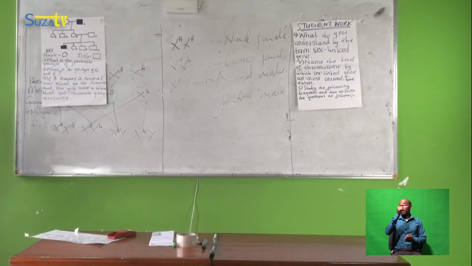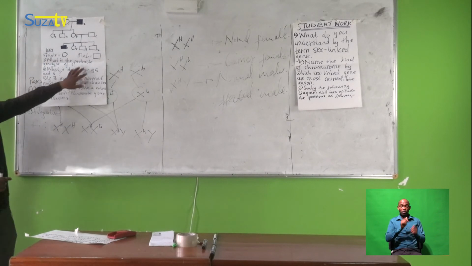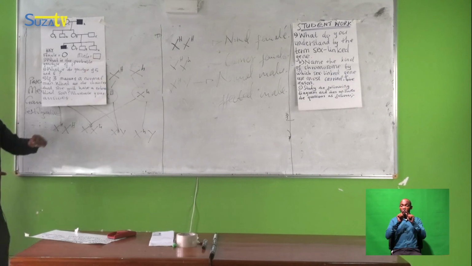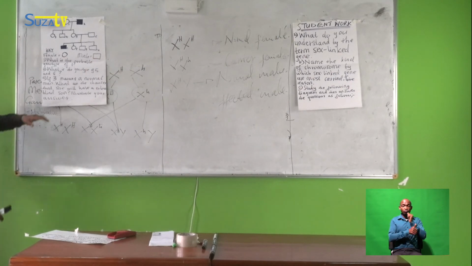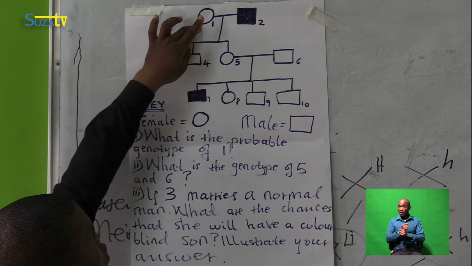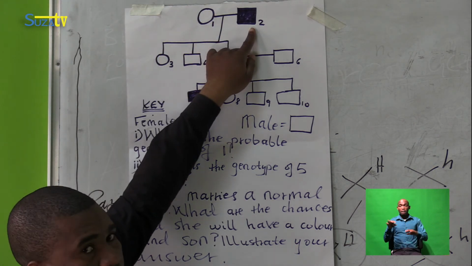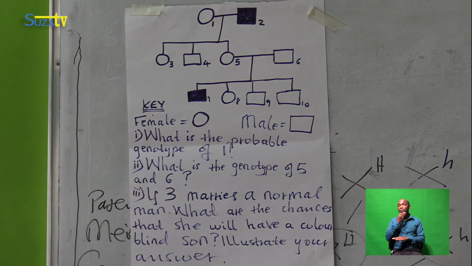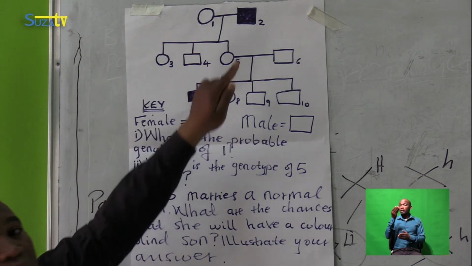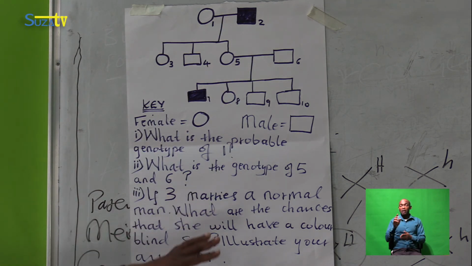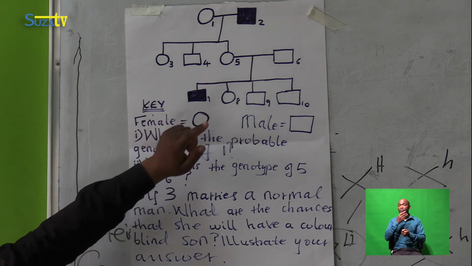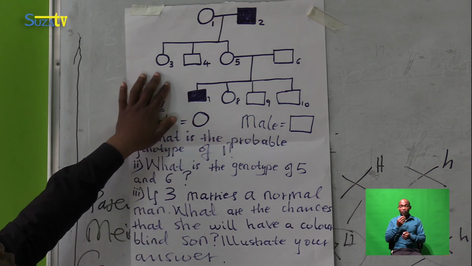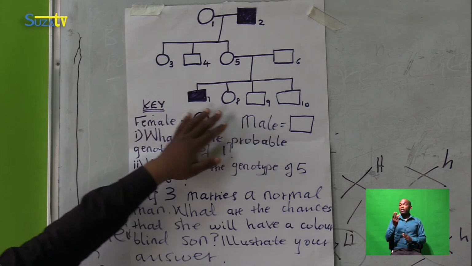We have a diagram with a key. The circle represents a female and the rectangle represents a male. So we have a female married to this male, meaning that this is an affected male. So what about their children? They produce three children.